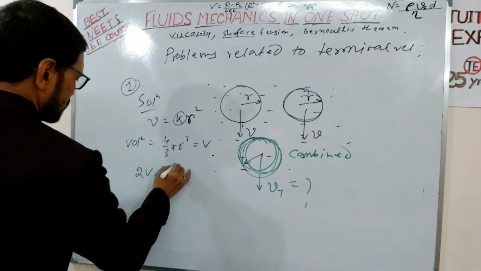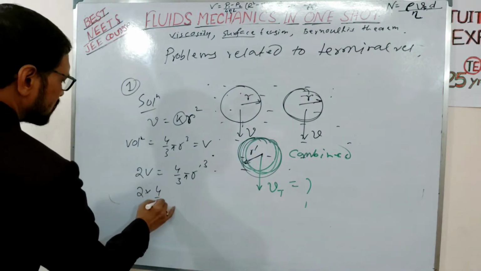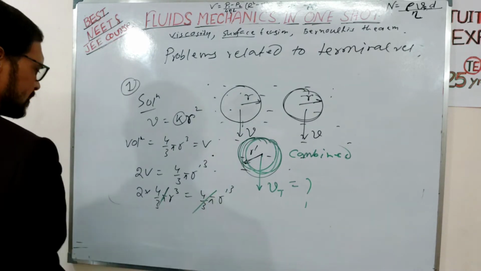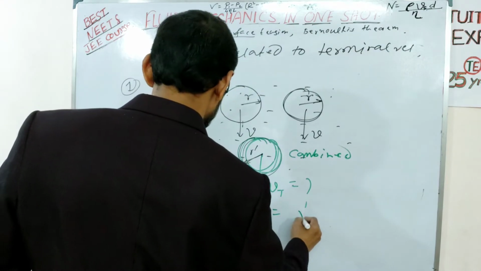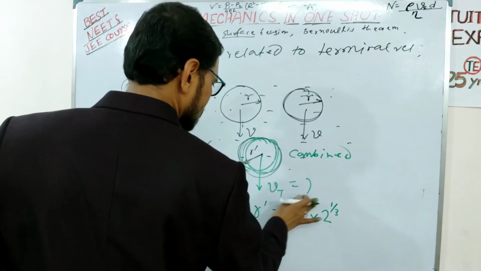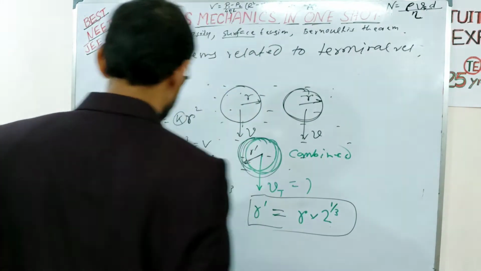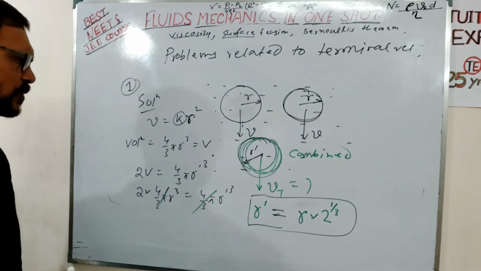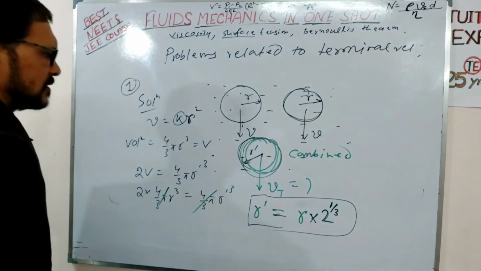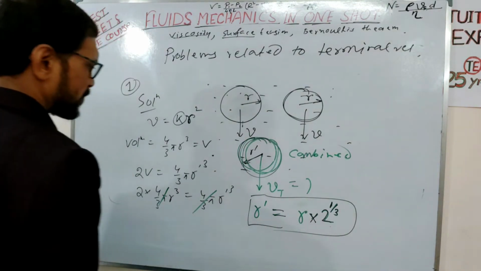So 2v equals 4/3 pi r dash cube, where r dash is the new radius. Cancelling the common terms, r dash equals r into 2 to the power 1/3.